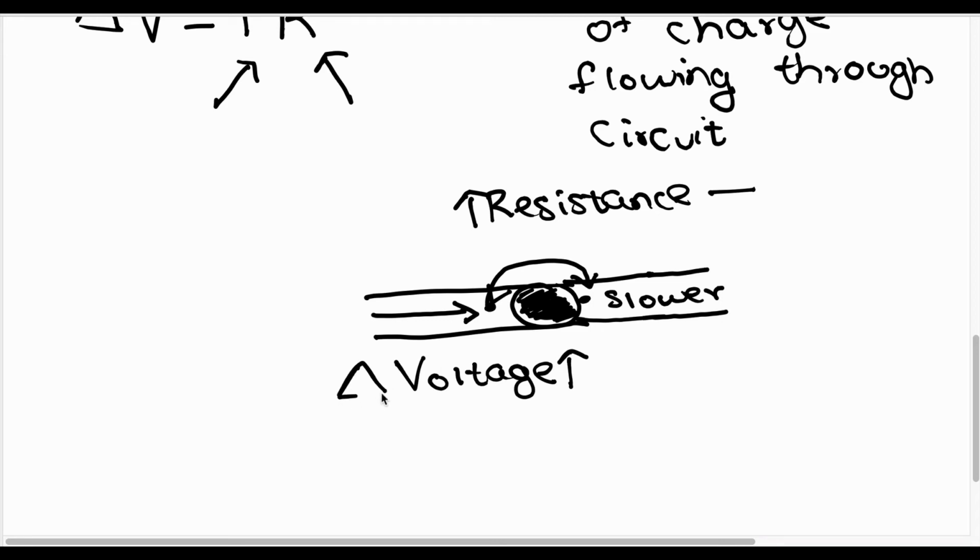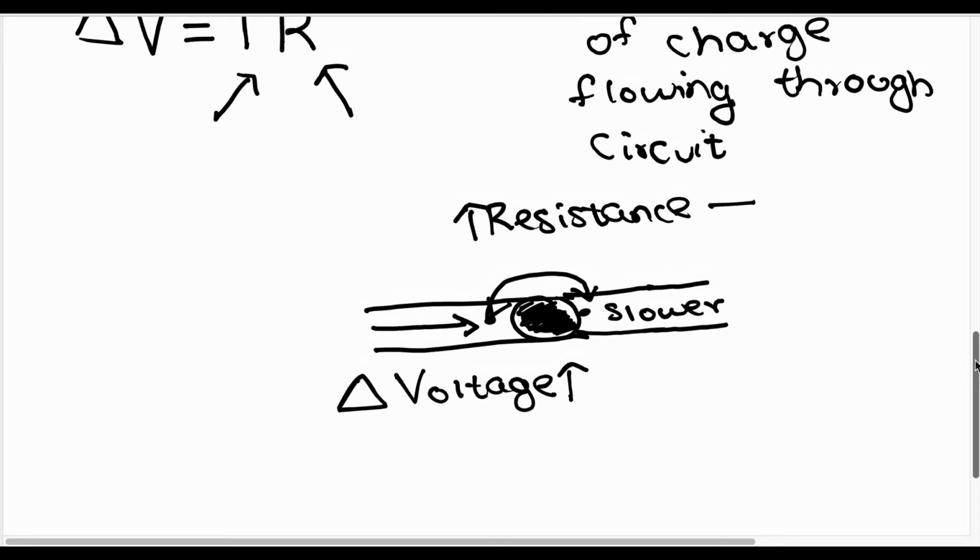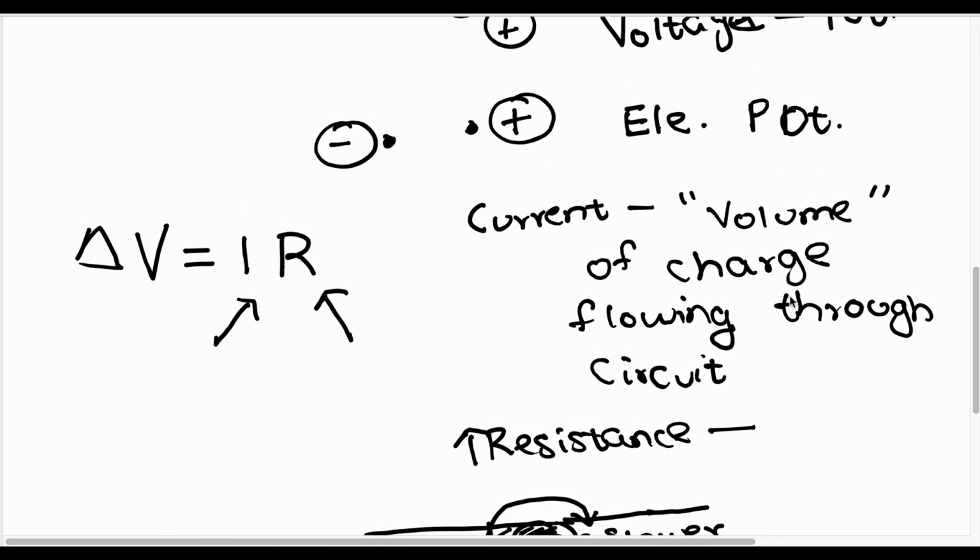You should probably put a delta there for difference. So now let's go back here, and this sort of makes sense. You increase the resistance, and when this goes up, then the voltage difference also goes up, and that is explained beautifully in this formula. This formula is called Ohm's law.